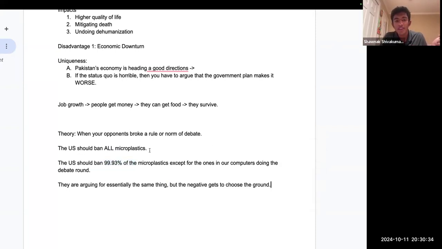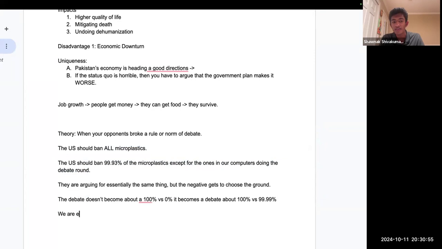What happens when the government side preps this and the negative side preps this? Well, then the debate doesn't become about 100% versus 0%. It becomes a debate about 100% versus 99.99%, which means we are debating not over 100% differences, but over a 0.001% difference.